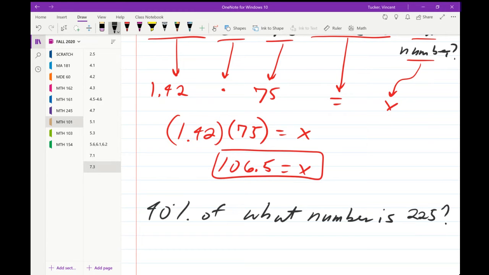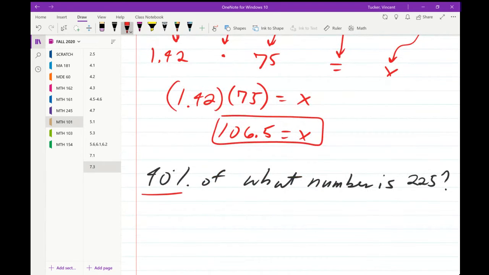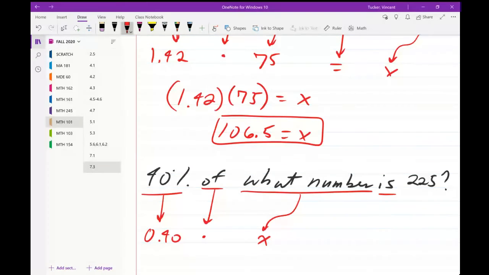All right, here we have 40% of what number is 225? 40% is 0.40. "Of" is multiplication. What number is our variable. "Is" is equal.